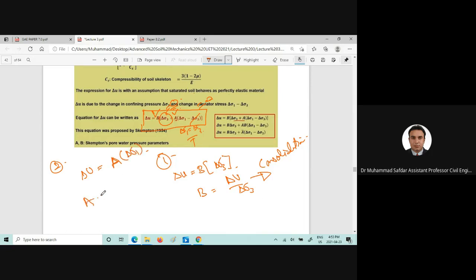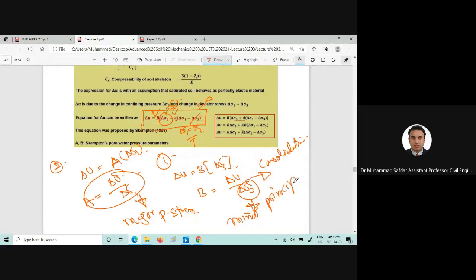If you want to find the A parameter, that would be delta U divided by delta sigma 1, where delta sigma 1 is the major principal stress and sigma 3 is the minor principal stress.